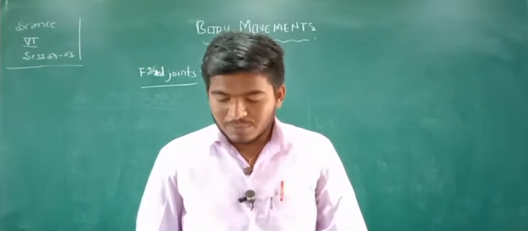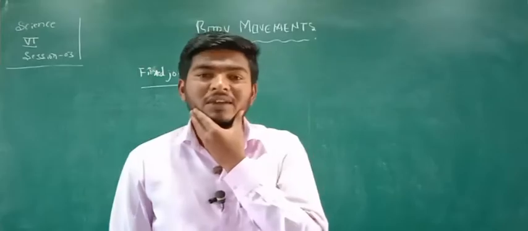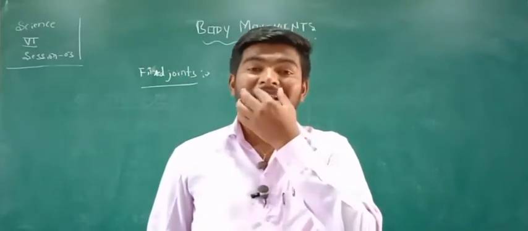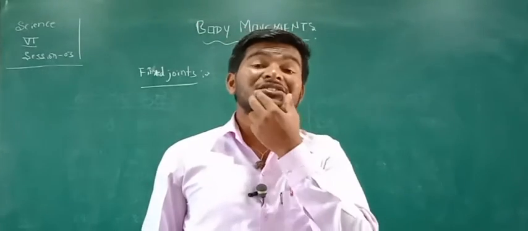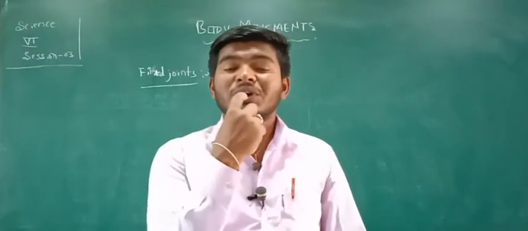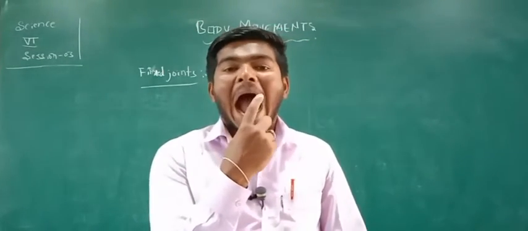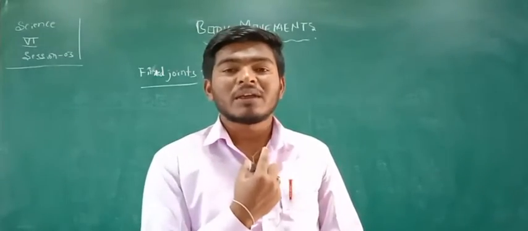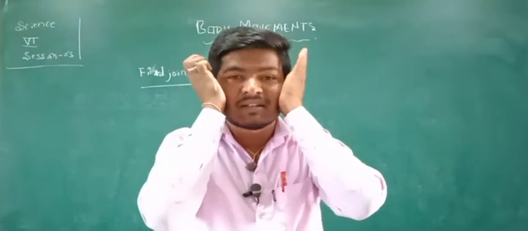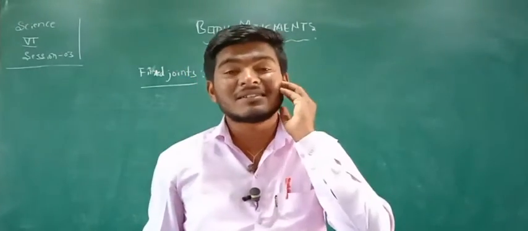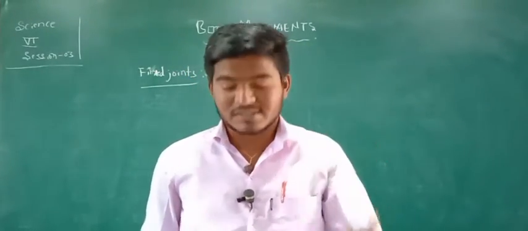Are you able to move it? Here this is the lower jaw and the upper part is the upper jaw. When you stretch your mouth, only the lower jaw moves, but the upper jaw does not move. That is, it is fixed. Such types of joints are called fixed joints.